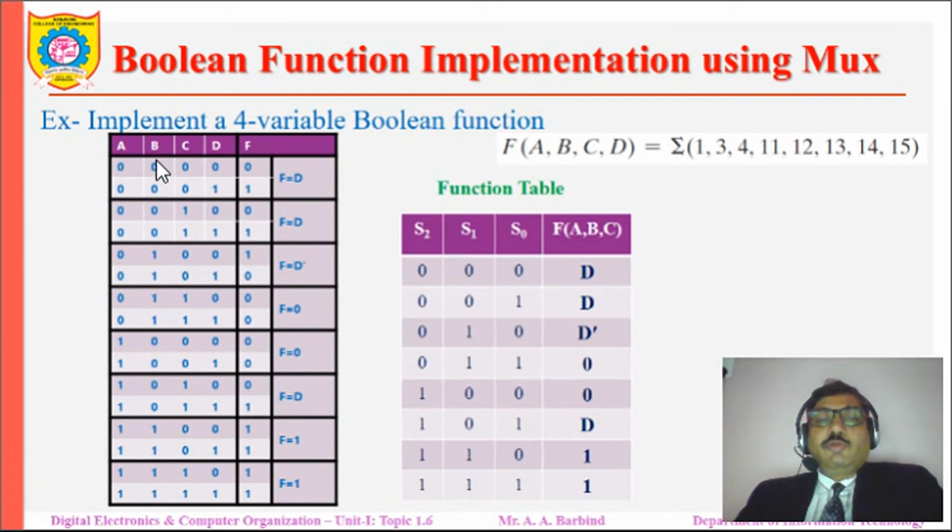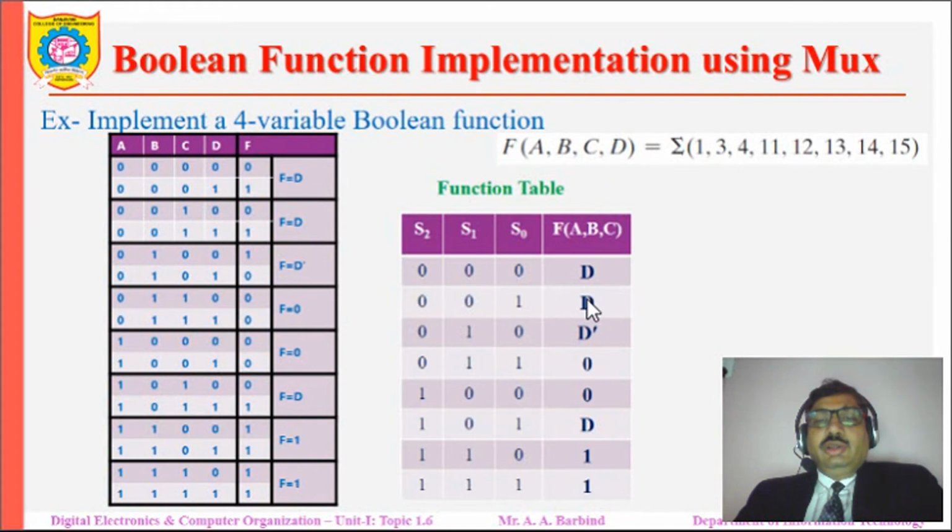So for the first pair of rows it is 000. So what we want output to be when abc are 000, we want output to be d, so we write here d.